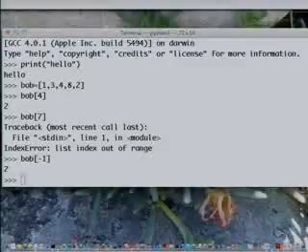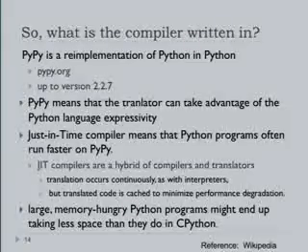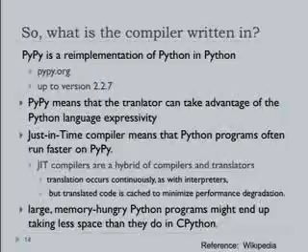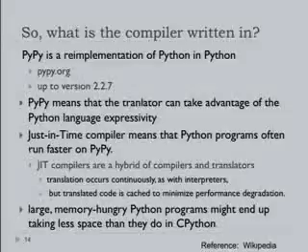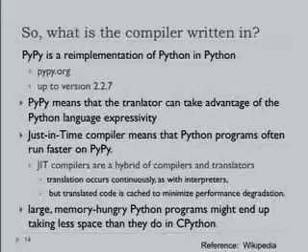Okay. So, just so you know that there is this nice idea that you can write the interpreter or compiler program that translates the program that you're writing into machine code. That can be written in the same language that it translates.